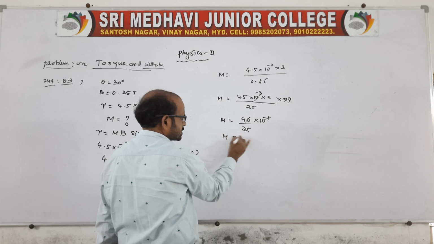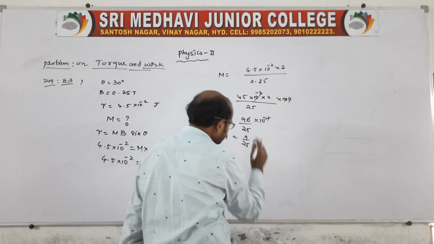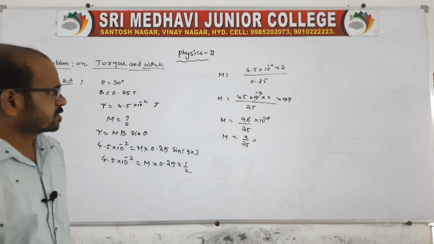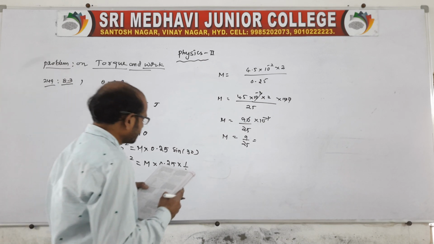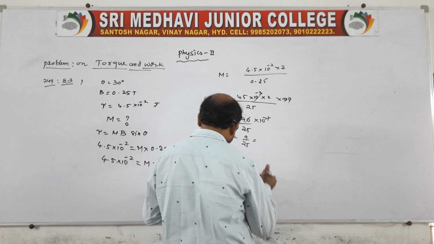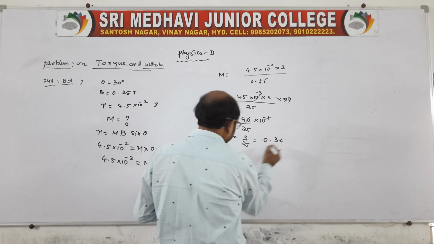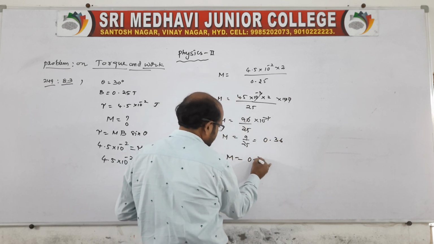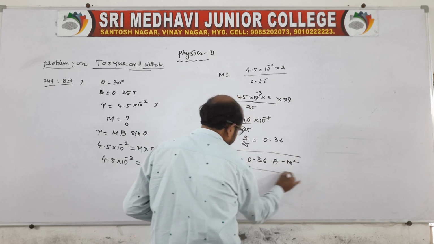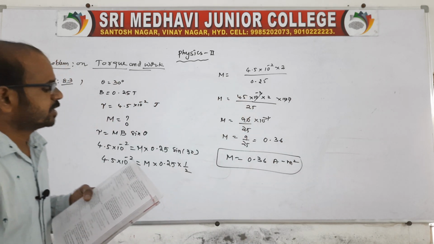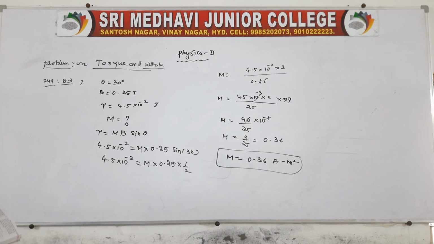Cancel it, capital M is equal to 9 by 25, which is approximately 0.36 ampere meter square. This is the 8.3 question, page number 249.